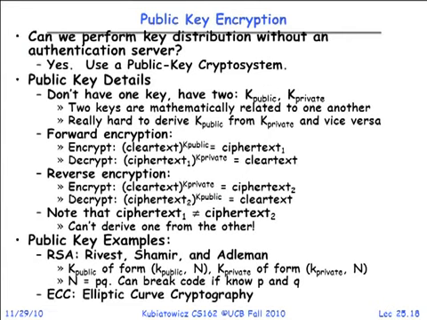Another thing which is much harder to break is ECC, which is elliptic curve cryptography. Or let me put it this way, it seems to be harder to break. For the same level of security as, say, a 1024-bit RSA key, you can get by with a 200-bit ECC key. So it's much more efficient from a number of bits standpoint, for whatever that's worth. Question?